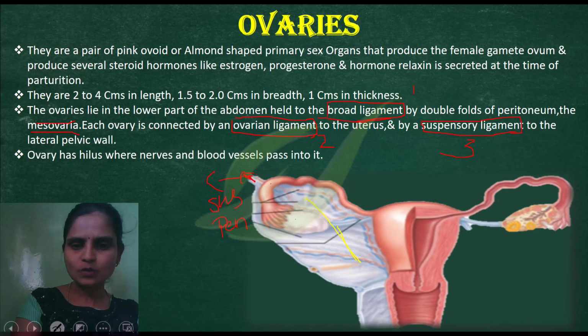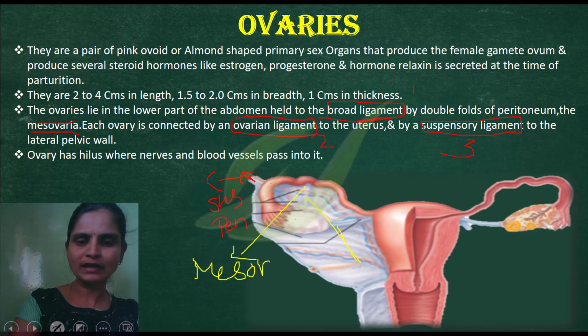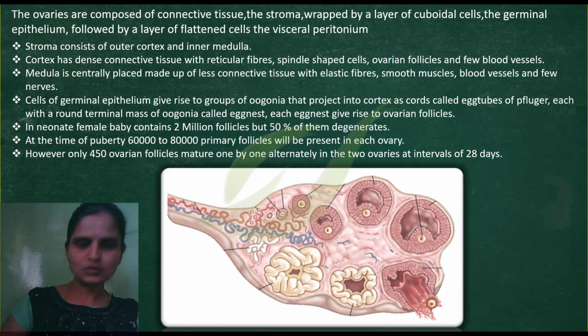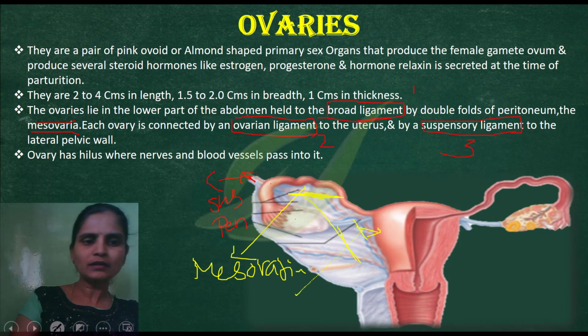So this is called the mesovarium. Please remember this. The ligament here which is holding this part is called the mesovarian ligament. And the ligament present here, which is holding the ovary to the uterus, is called the ovarian ligament.